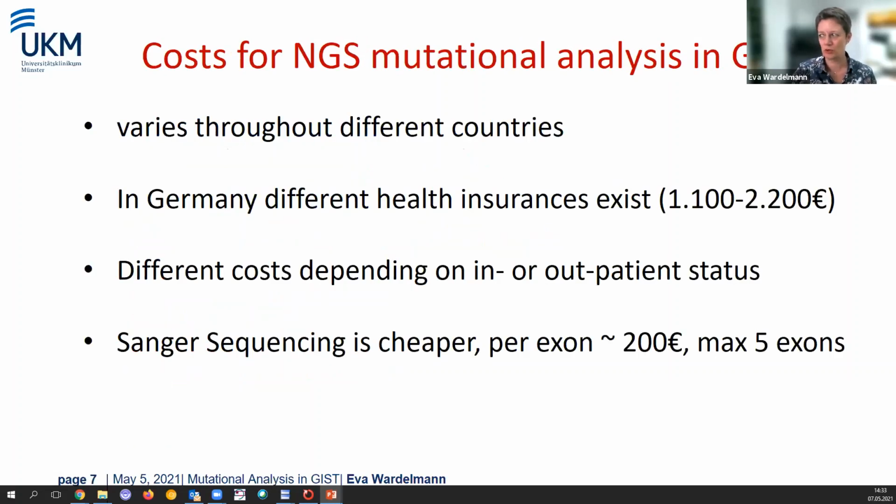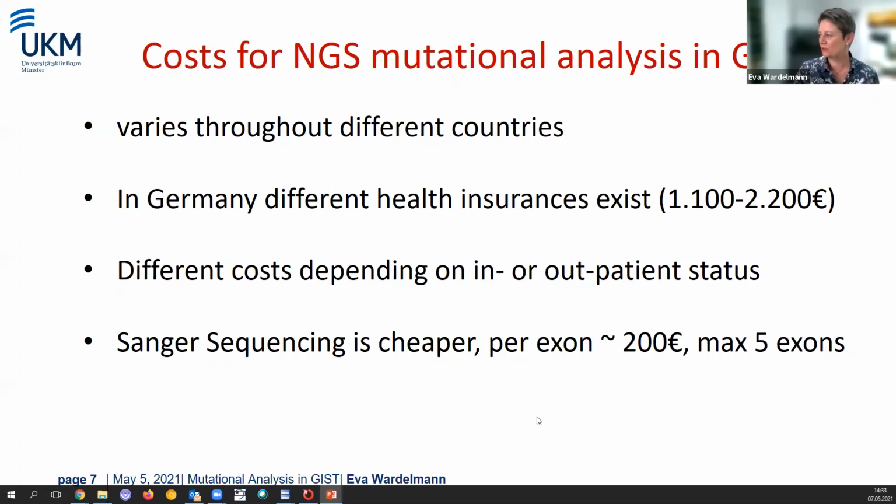I was asked to talk about money, which is always difficult, especially in such an international audience, because you all will have different insurances, and this makes already a big difference. And in Germany, it's specifically complicated how this is billed.